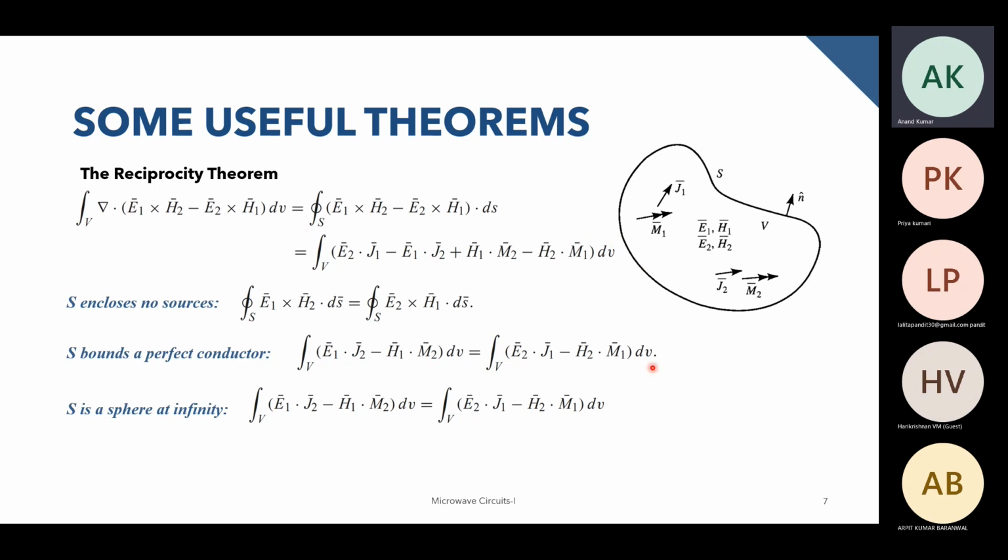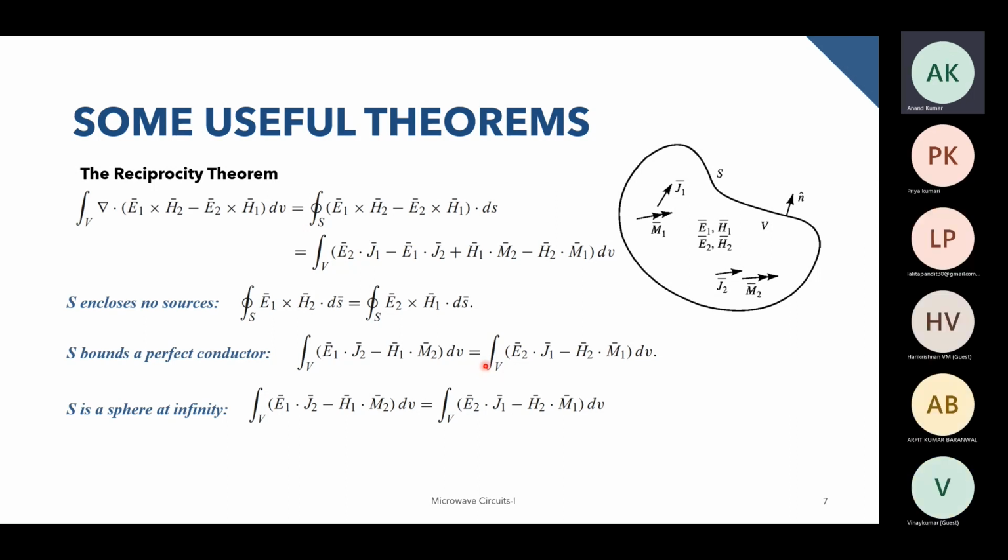We also realize that this expression is similar to the reciprocity theorem that we see in circuit theory, where if you interchange the source and the observation points, the relationship still holds. And again, if S is a sphere at infinity, this expression is still true. It forms the same relationship, but through different mathematics.